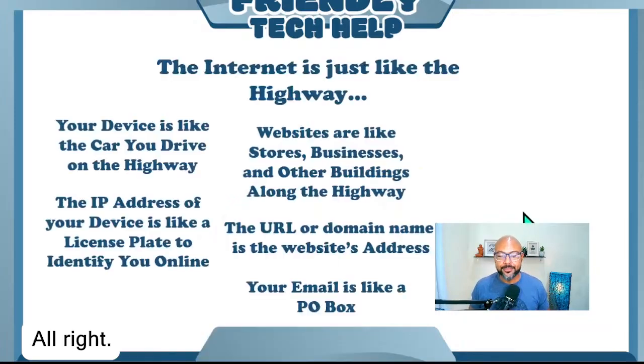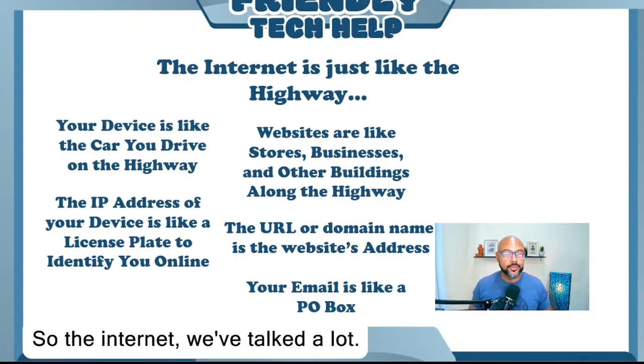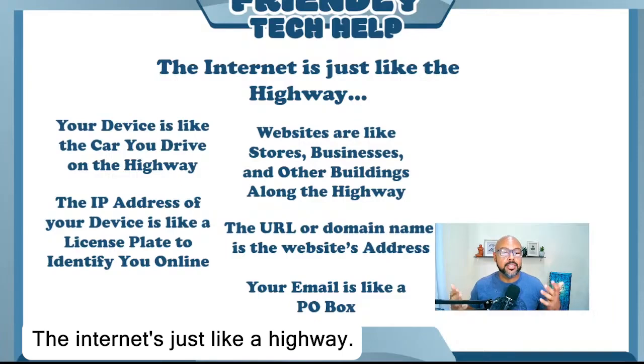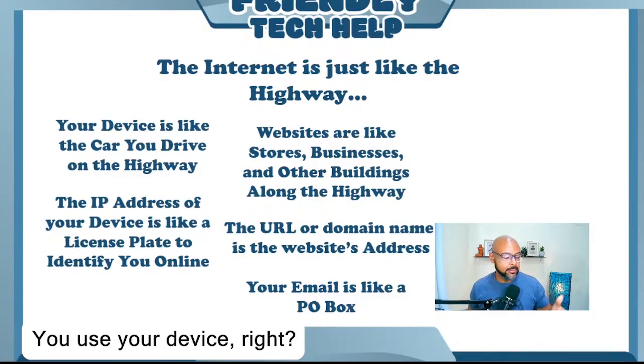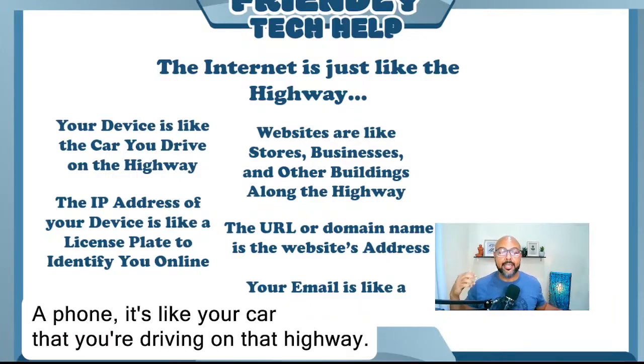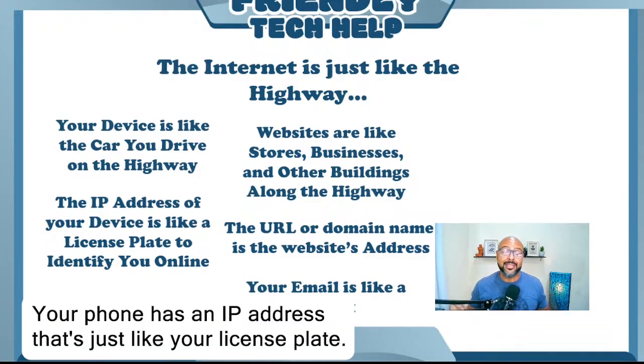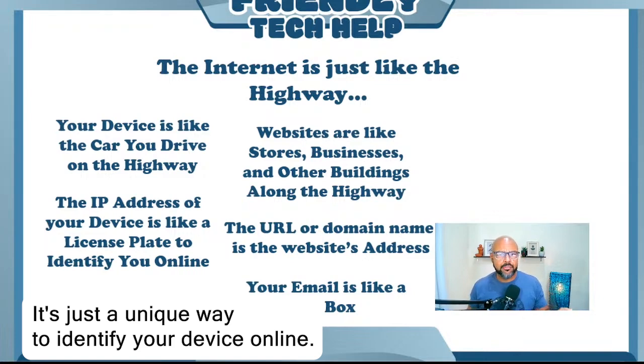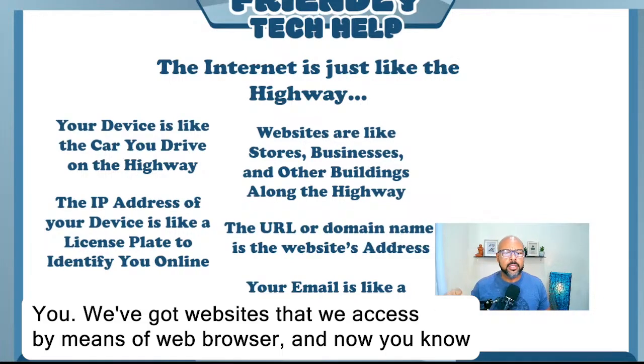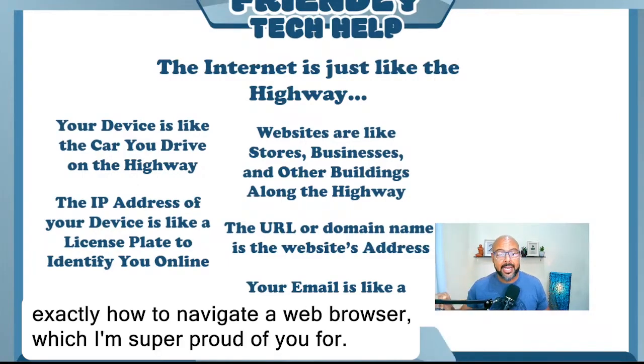All right. So the internet, we've talked a lot. The internet's just like a highway. You use your device, right? Phone. It's like your car that you're driving on that highway. Your phone has an IP address that's just like your license plate. It's just a unique way to identify your device online. We've got websites that we access by means of a web browser, and now you know exactly how to navigate a web browser, which I'm super proud of you for.